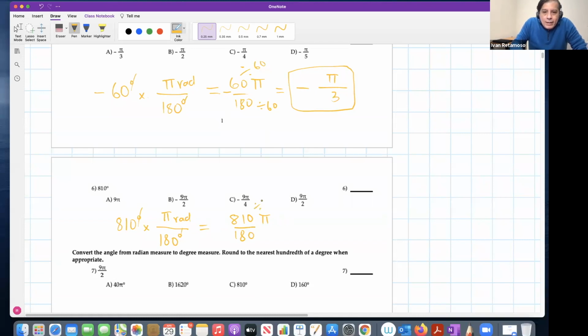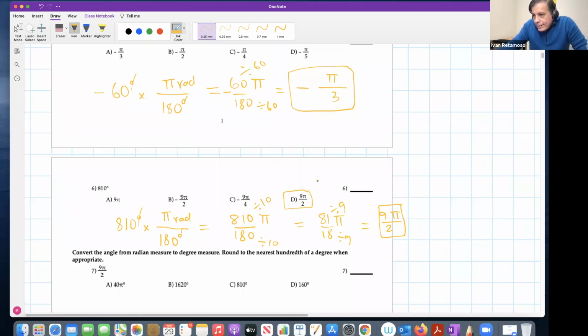For example, divide by 10 both, so 81 over 18 pi. But I can still divide by a common divisor 9, so this will be 9 pi over 2, right? That's it. You see, guys? Great.